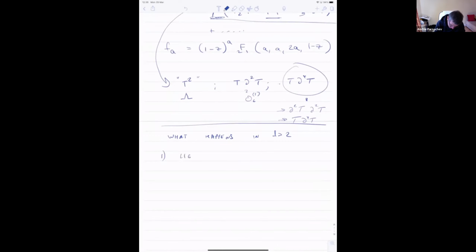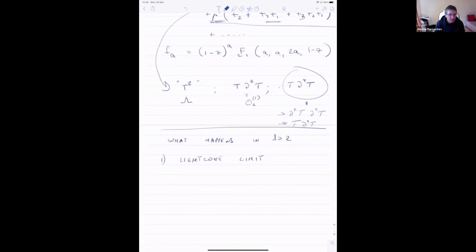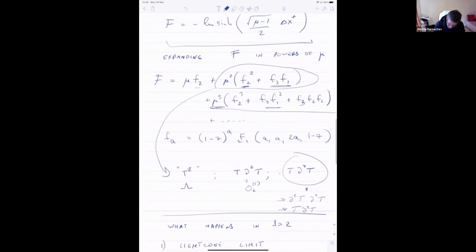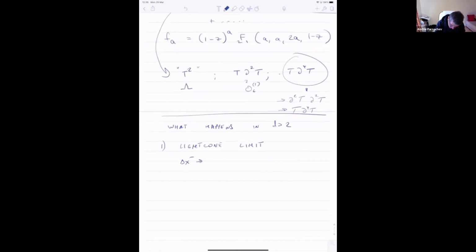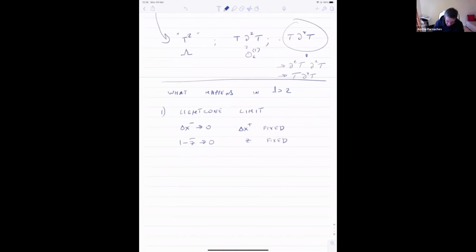So light cone limit, which in our coordinates corresponds to taking delta x minus to 0, keeping delta x plus fixed, which in the z coordinates corresponds to taking 1 minus z bar to 0, keeping z fixed. In this limit, things simplify quite a bit.